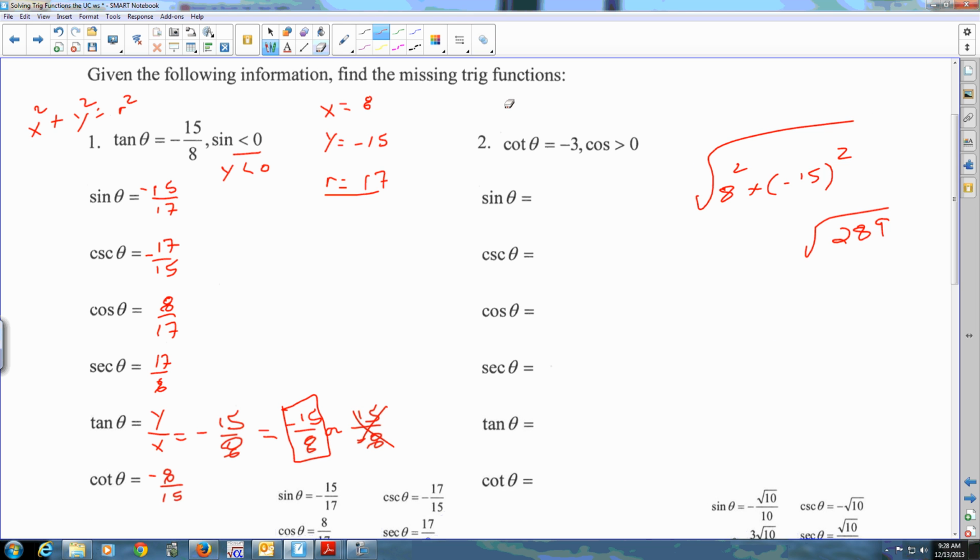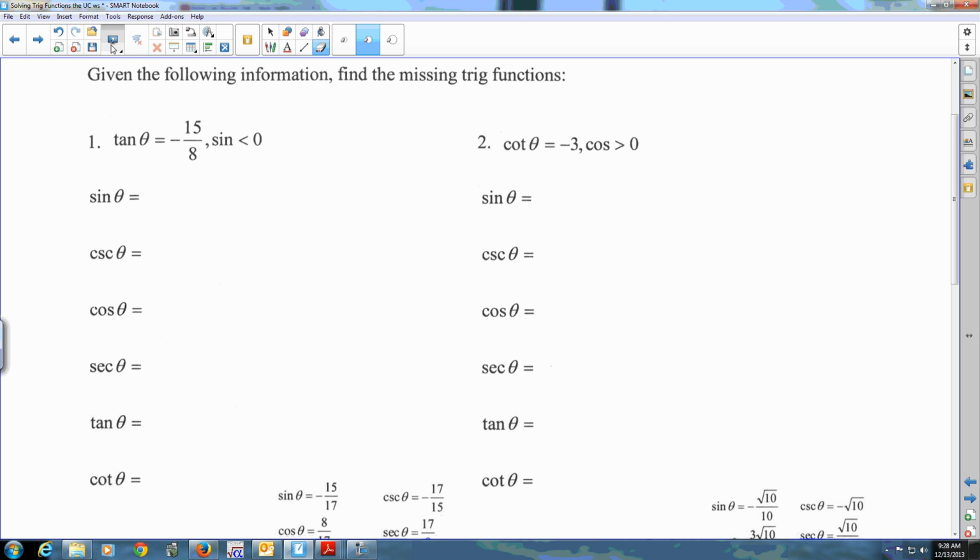The recommendation I'm giving you guys is to explicitly find your x, your y, and your radius first using your Pythagorean theorem. And you have to use this second piece of information to determine who is negative, who is positive.